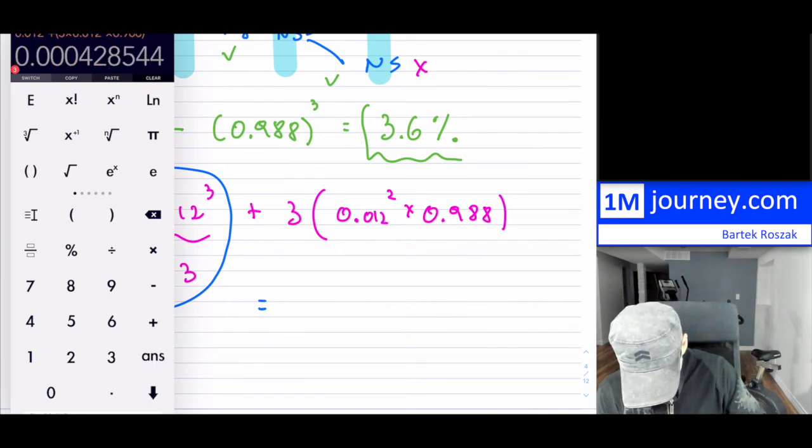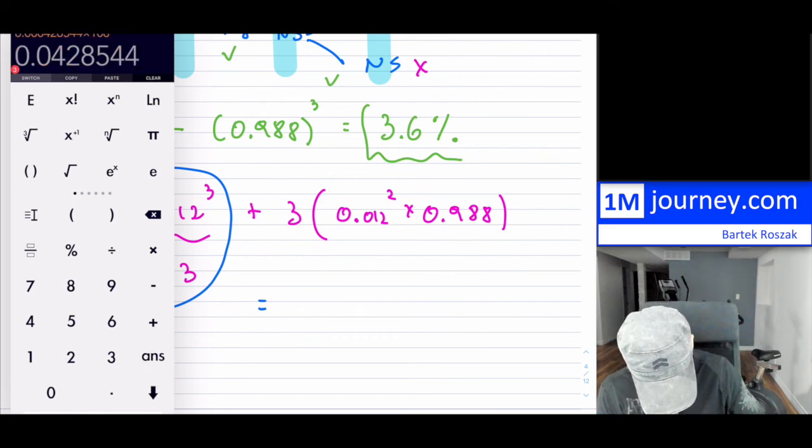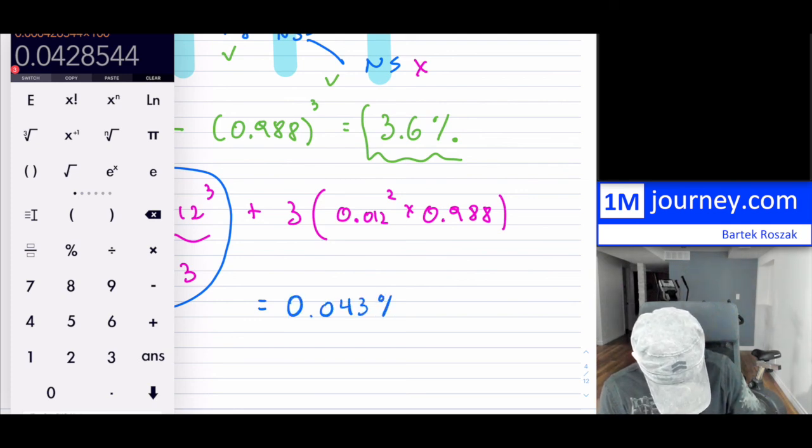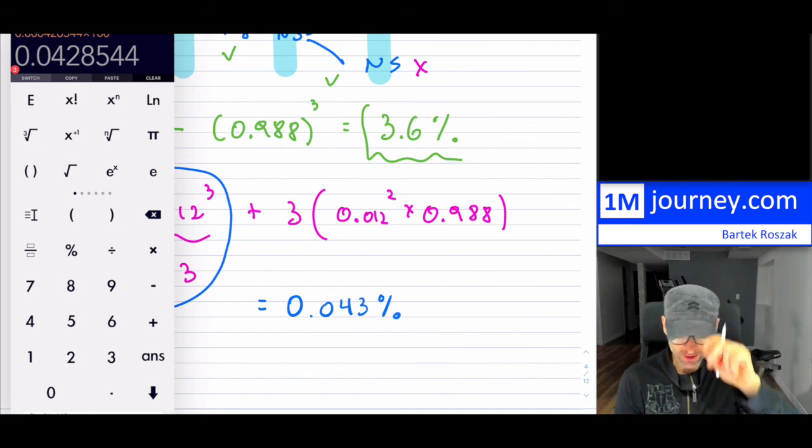We can't forget to multiply our answer by 100 if we want it as a percent. It's not a very big percentage, so let's round it off there. You can round to whatever your professors or teachers asked you. All right, so that's that one.